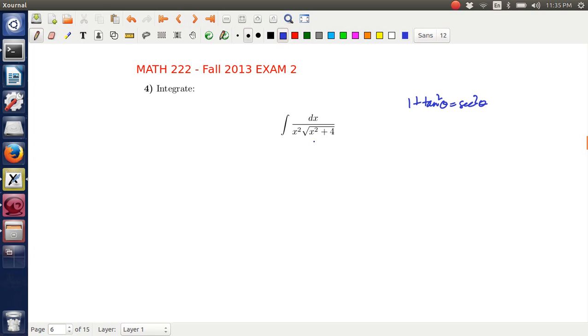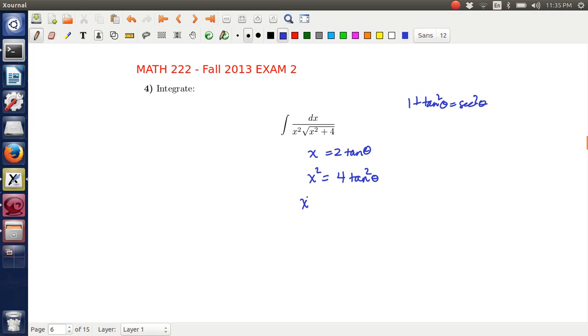We want to let x, we want to replace it with something. So when it's squared, you get a 4. All right, so x squared is going to have to be 4 tan squared, and so that means x has to be 2 tan of theta so that we can make this trick work out.